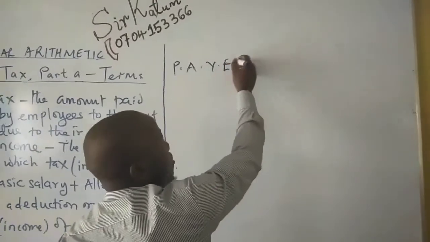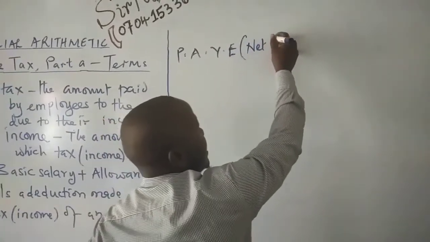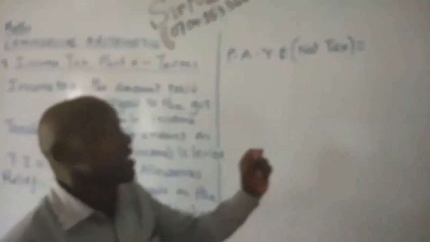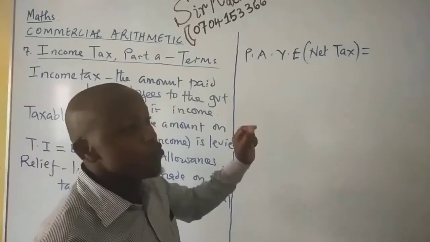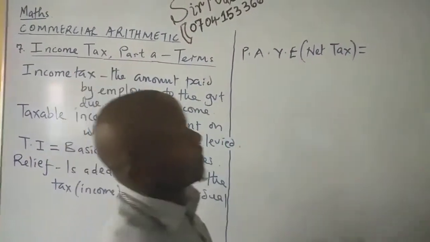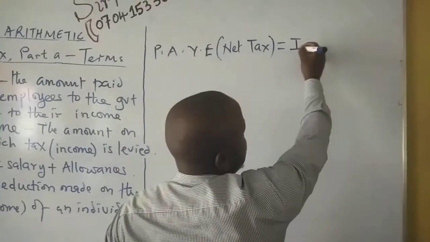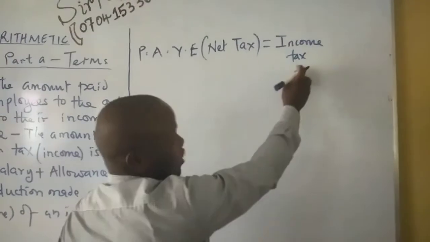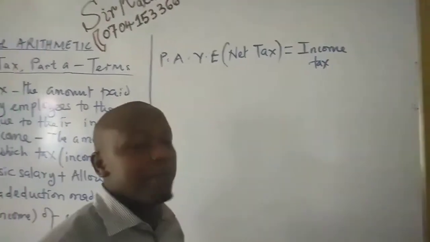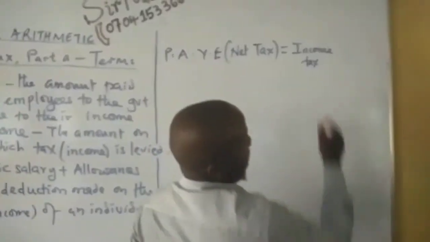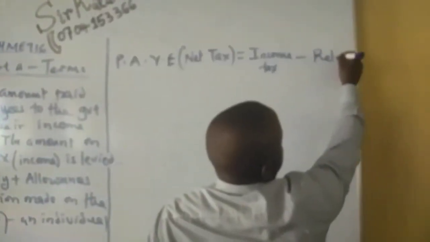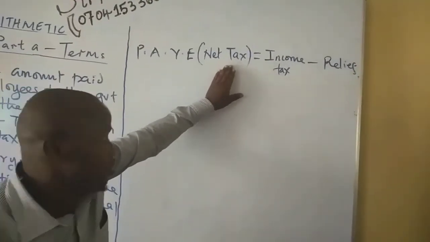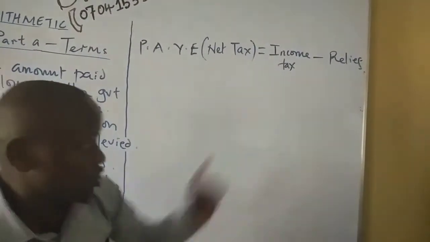Actually, another name of payee, we can call it net tax, which is the tax now paid once relief has been deducted from your income tax. Therefore, when we take the total tax due to somebody's taxable income and we subtract relief, then we get the net tax paid by that person, or the payee of that person.